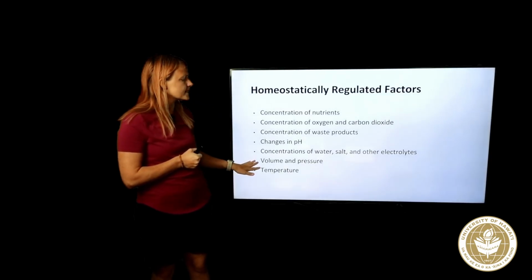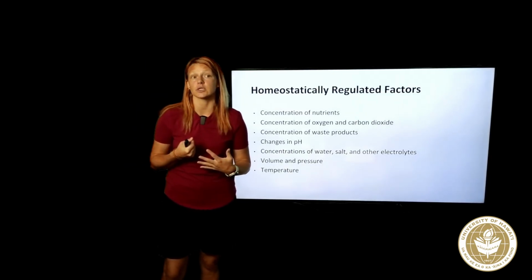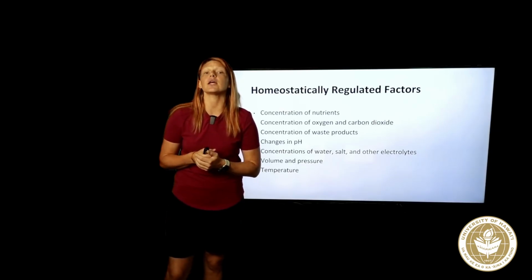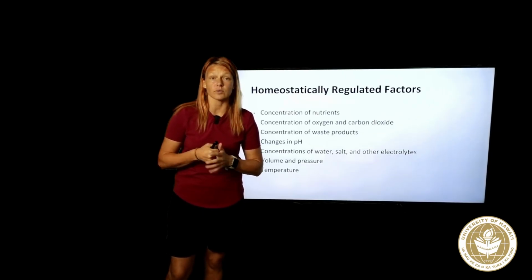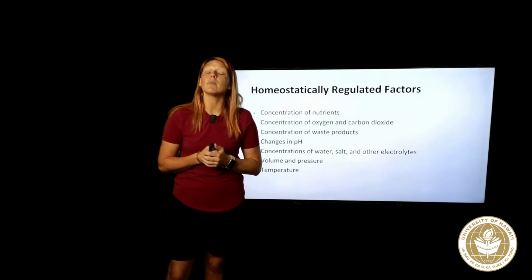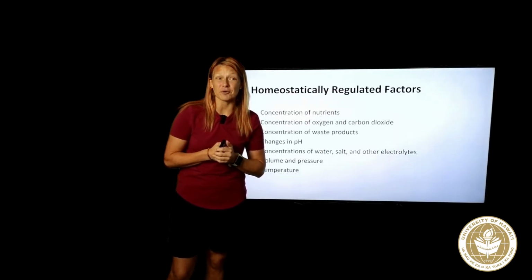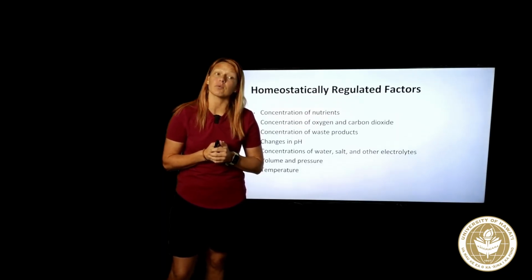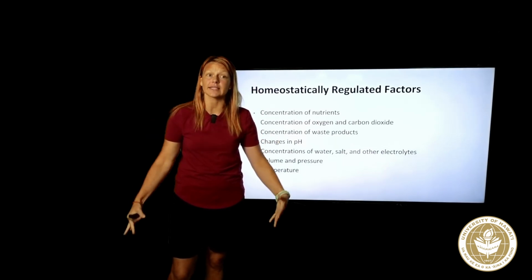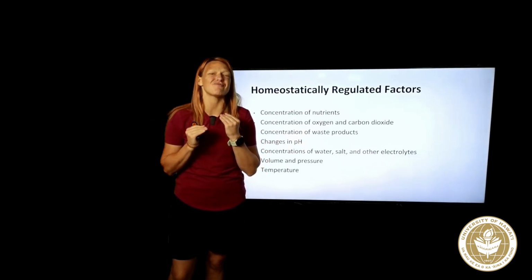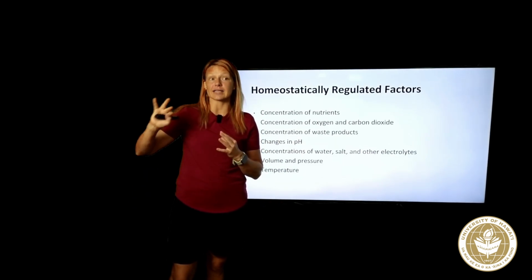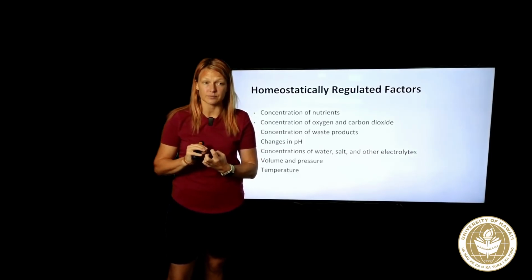We also need to maintain things like volume and pressure. So the circulating component of the internal environment, which is our plasma, must be maintained at an adequate volume and blood pressure to ensure body-wide distribution of this very important link between the external environment and the cells.